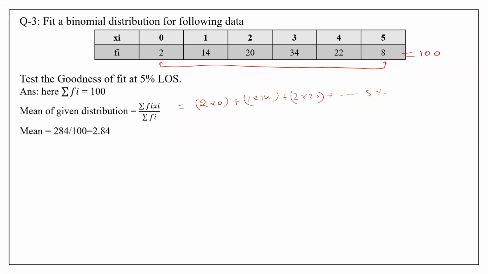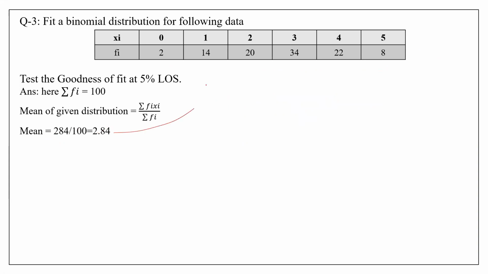Similarly, the last term will be 5 into 8, whole divided by summation of fi. So when we do that, we will get the numerator value as 284. So it means the mean of this distribution is 2.84.